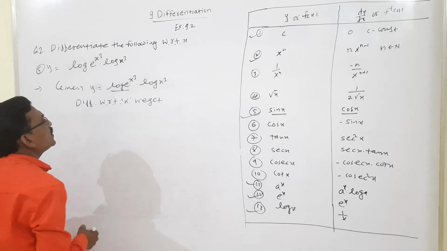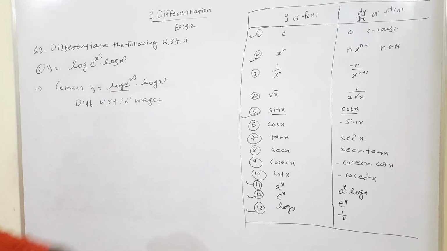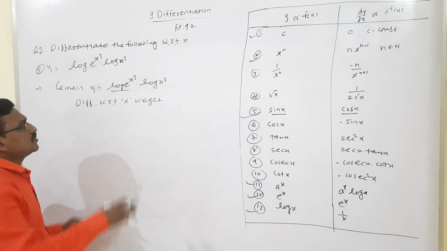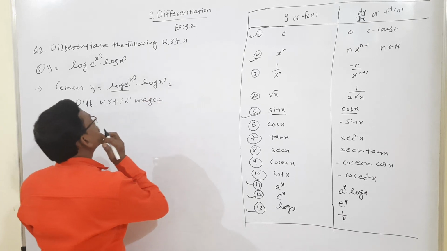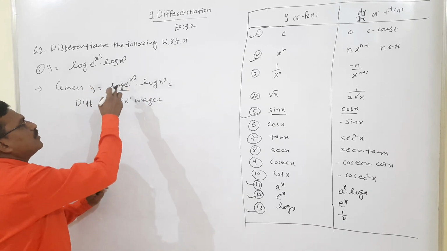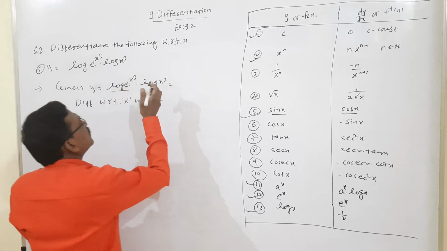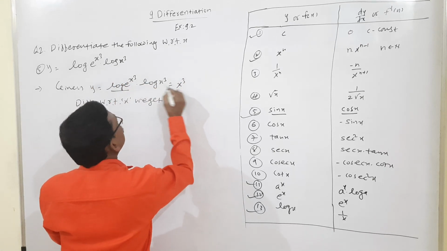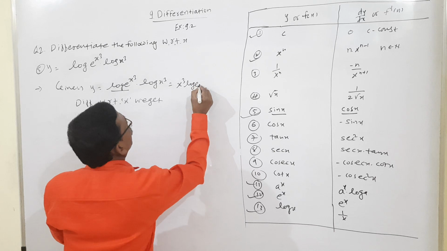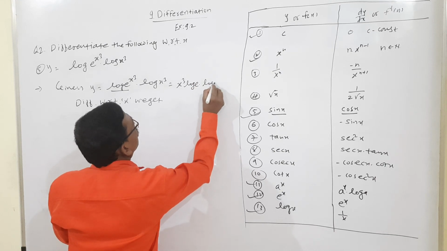Here we write this log e to the power x cube, using the rule of logarithm. Here log of m raised to n is n log m, so that's why we write x cube into log e into log x cube.